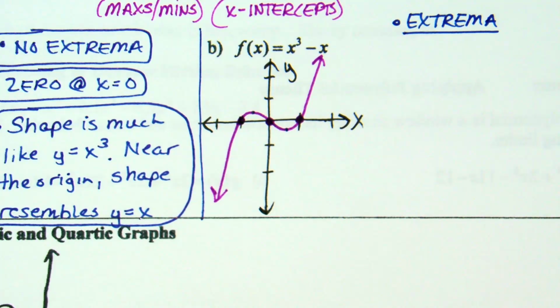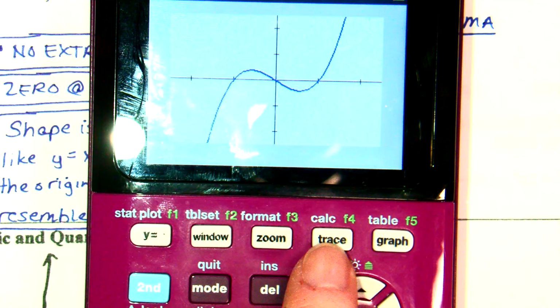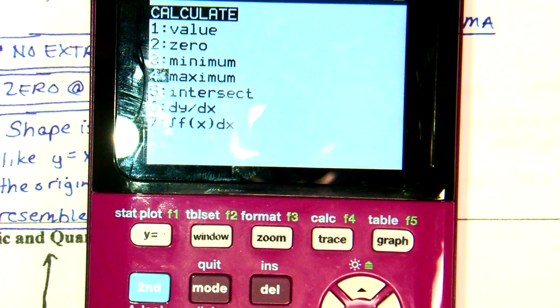For mins and maxes, you go to the calc menu. So second, calc, which is the trace button. And then you can go to either number 3, minimum, or number 4, maximum. I'm going to start with my maximum. Please practice this. How do I set the left bound? I want the left bound of my maximum, so I'm going to go over here closer to -1.